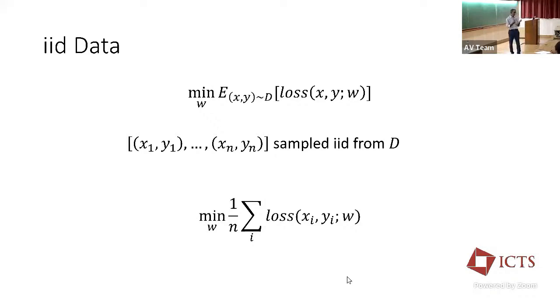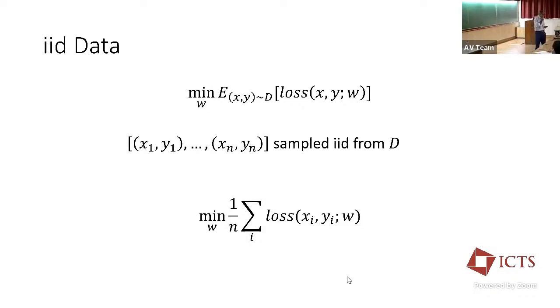And to enforce this fidelity, we have this loss function, which will try to make sure that the model is learning something where the loss for a given data point X is fairly small, right? So how do we optimize this or find these parameters W? Well, what we do is we sample a few points from the distribution and minimize the loss function, right? And generally, in machine learning, at least a big part of machine learning, we assume that this data is sampled independently from a fixed distribution D, right?